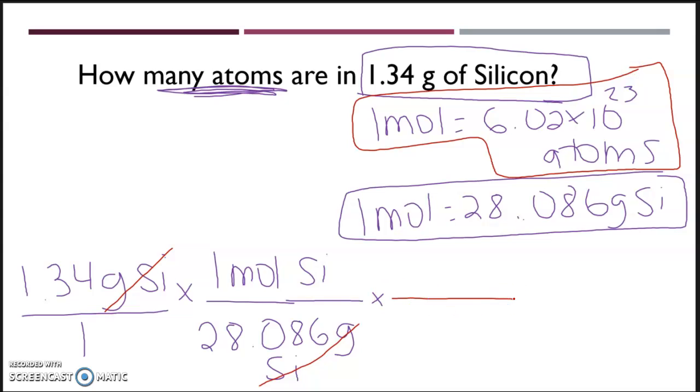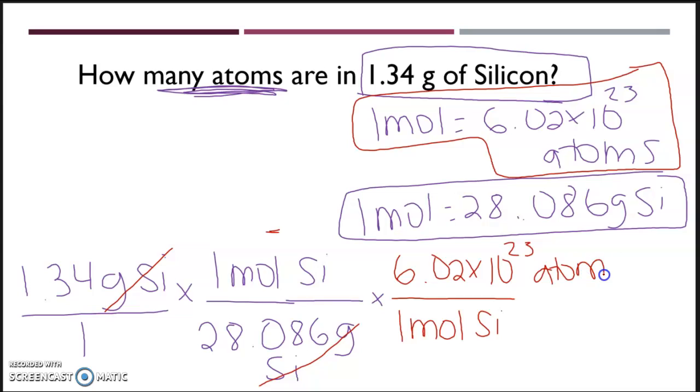And to set this up, I've got 1 mole right here, so I'm going to put 1 mole at the bottom. And 1 mole of silicone has 6.02 times 10 to the 23 atoms. And now to type this into the calculator.